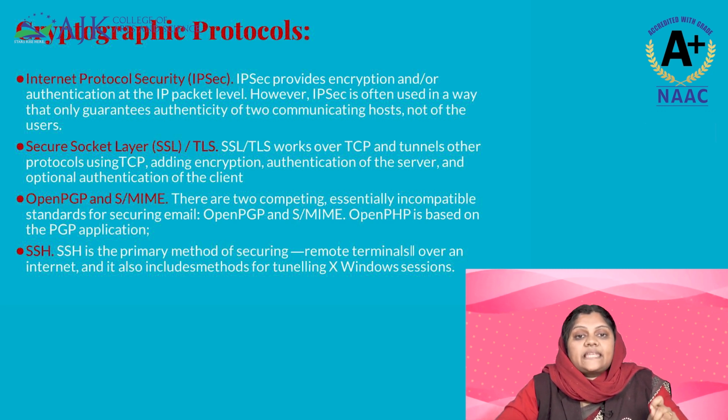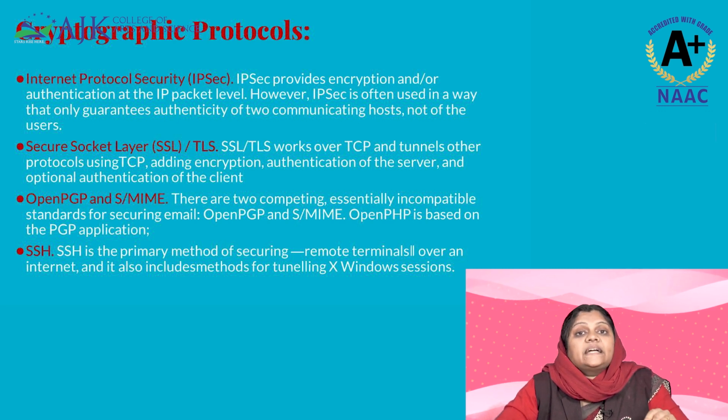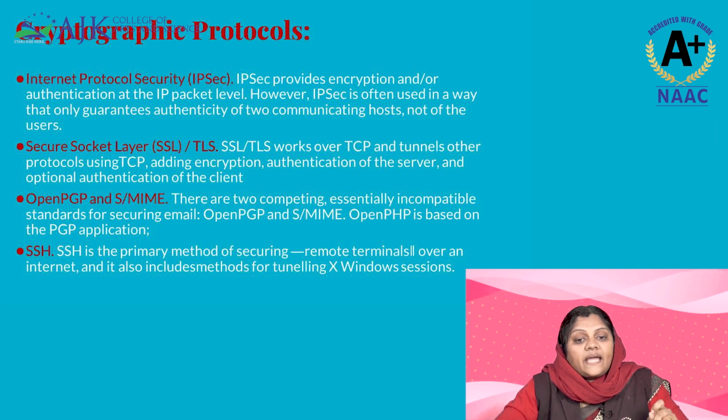The second one is Secure Socket Layer. TLS works over TCP and tunnels other protocols using TCP, adding encryption, authentication of the server and optional authentication of the client. The third one is OpenPGP and S/MIME.